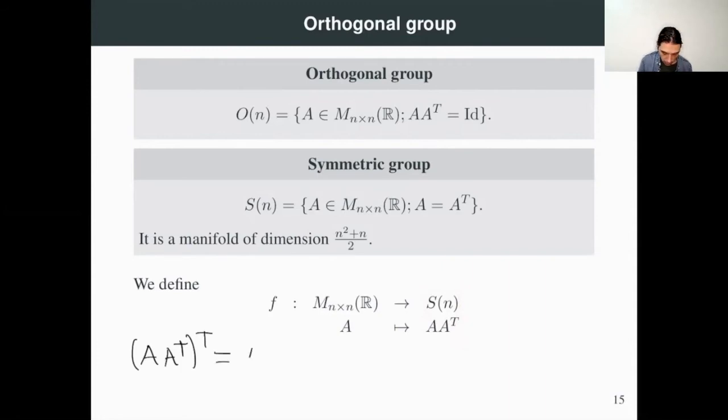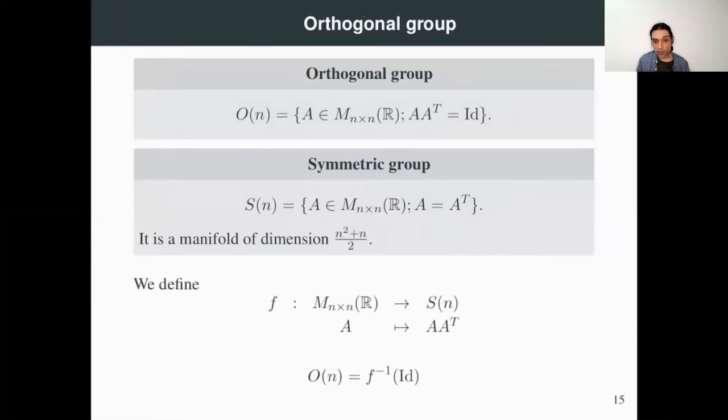So it's going to be the transpose of the transpose of A times the transpose of A, and the transpose of the transpose of A is A. So in particular, this proves that this matrix over here is symmetric. So F is a differentiable map between square matrices of dimension n and symmetric matrices, right? And the orthogonal group is just the preimage of the identity.